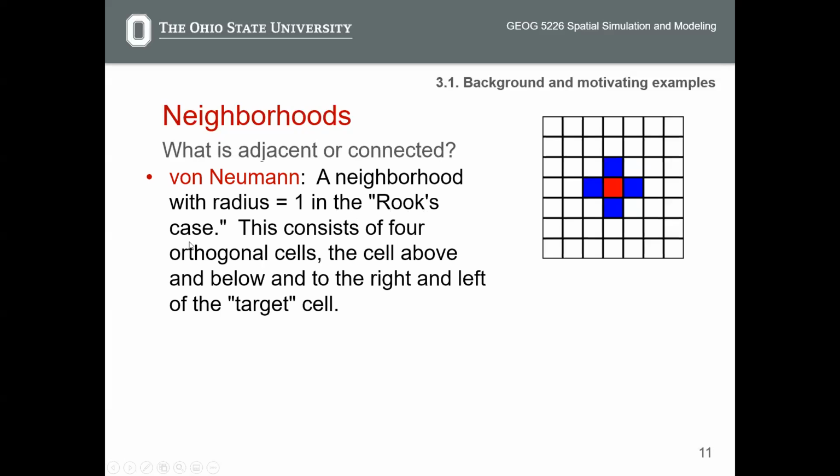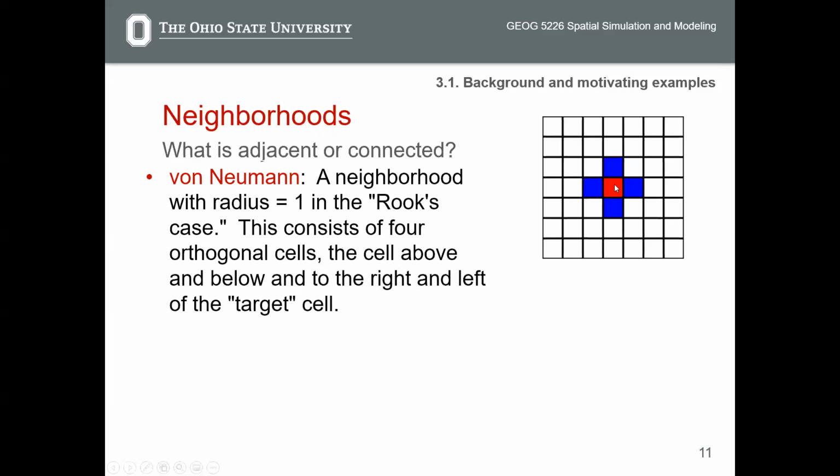The first method is called the von Neumann neighborhood, a neighborhood with radius equals 1. In the Rook's case, Rook is from chess. Rook can go forward, backward, left, right, but cannot go in diagonal directions. This consists of 4 orthogonal cells: the cell above, below, to the left, and to the right of the target cell. So here is the example.